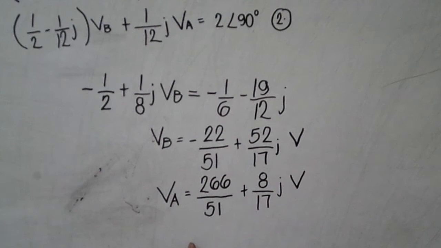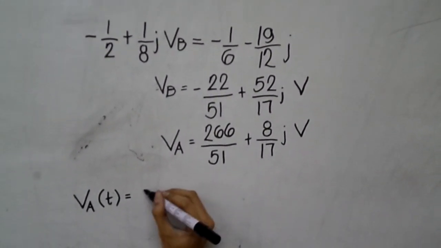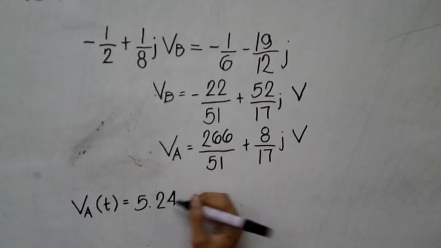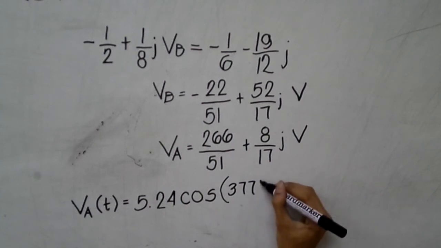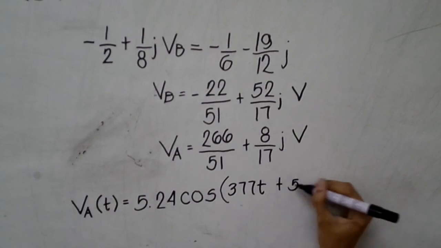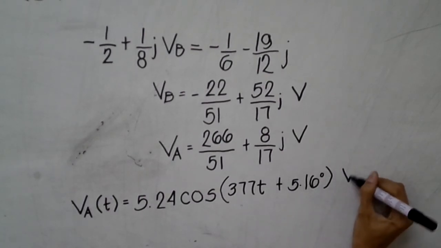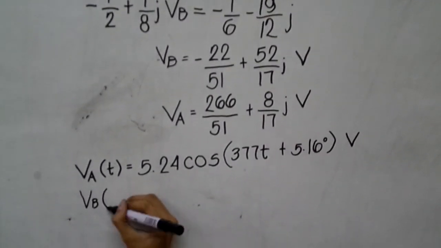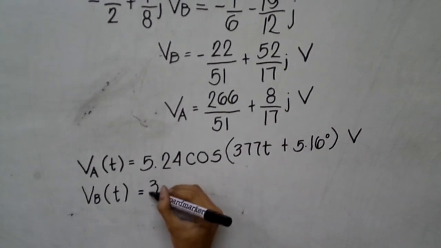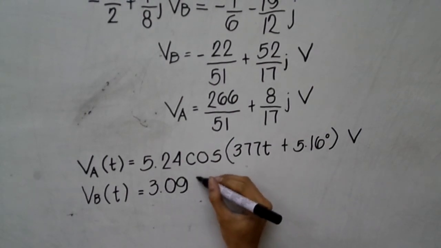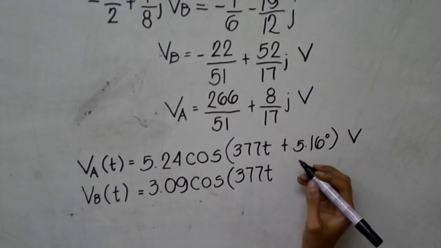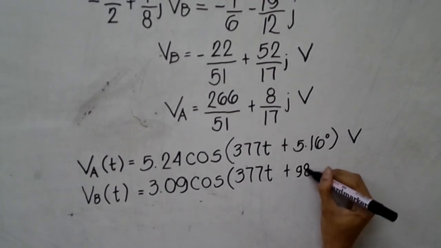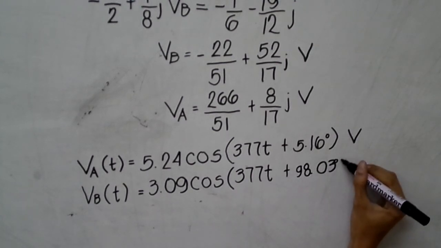Transforming VA and VB into the time domain, VA of t is equal to 5.24 cosine 377t plus 5.16 degrees volts, and VB of t is equal to 3.09 cosine 377t plus 98.03 degrees volts.